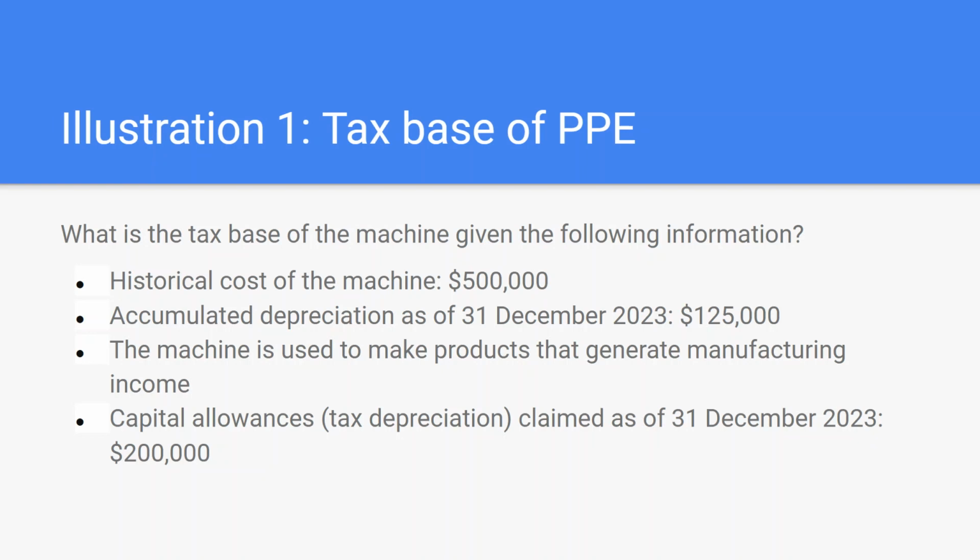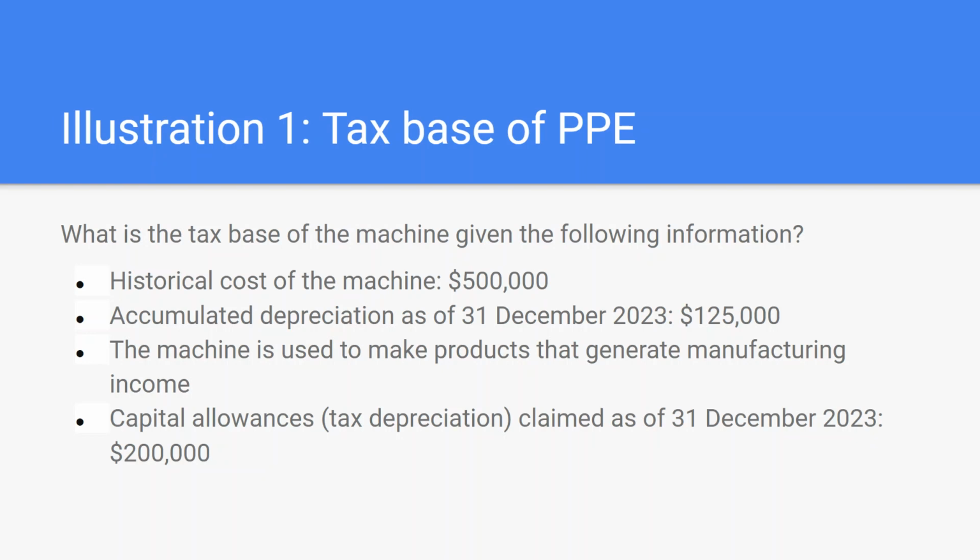So what it means is that for tax purposes, you cannot get a benefit of your accounting depreciation, but you then get a benefit of your tax depreciation, otherwise known as capital allowances. So if you look at this example on the screen, the depreciation expense till date is $125K, and that's why it's accumulated depreciation. But capital allowances that you have claimed till date against your taxable profit is a sum of $200,000. That's what you have enjoyed till date.